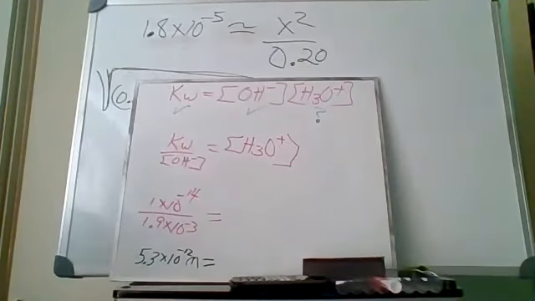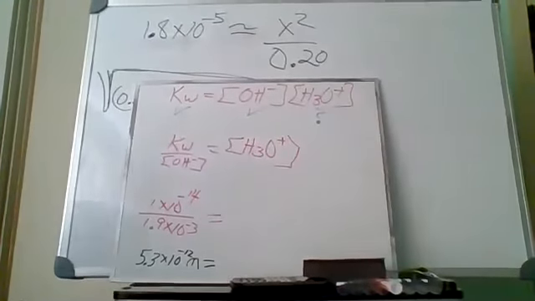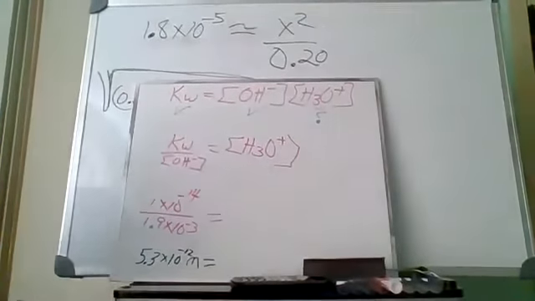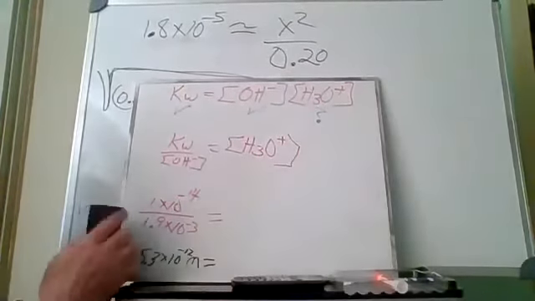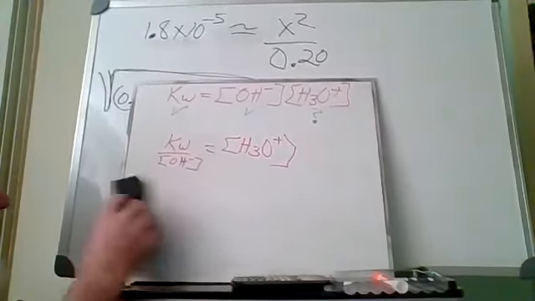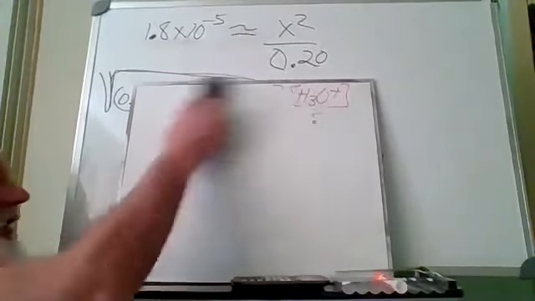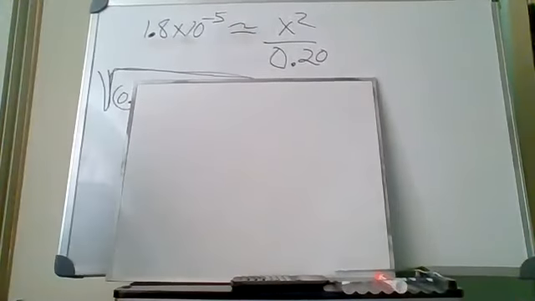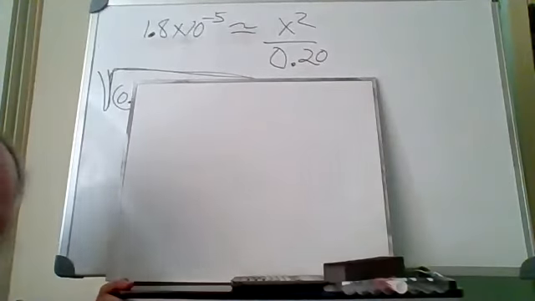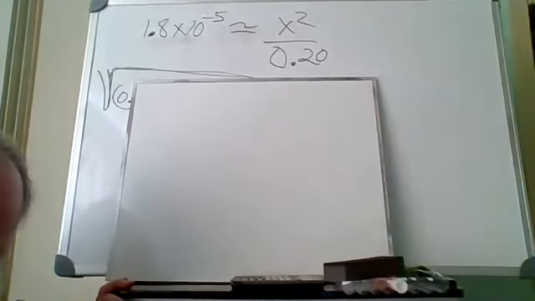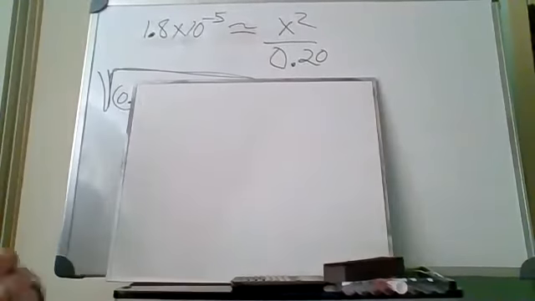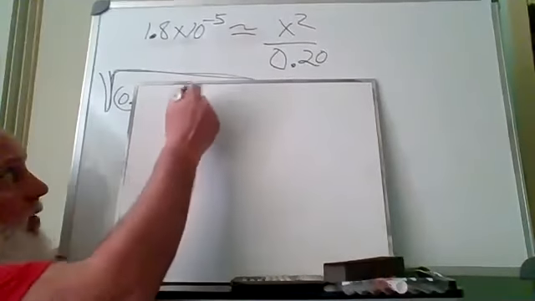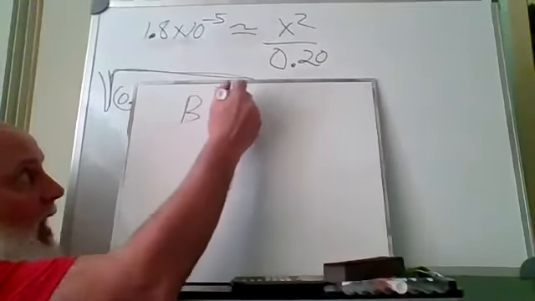Now, actually, I wish that one problem, the quinine, I wish I had not written it as HA. You should have written it like this. Now that I think about it, it's been a while since I've done these, I wasn't thinking. So here's the base, B. It's going to react with water.